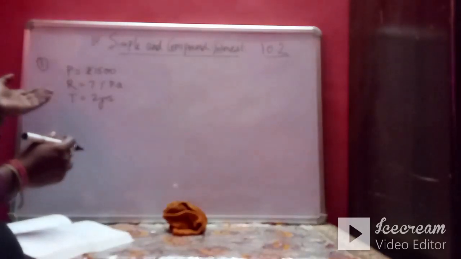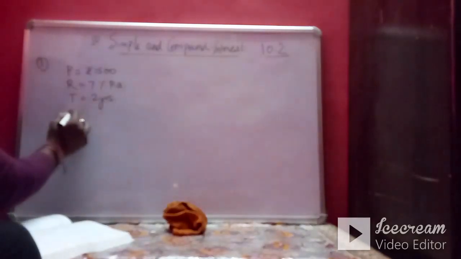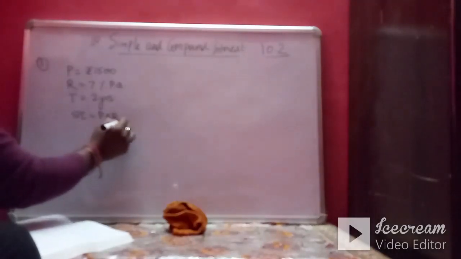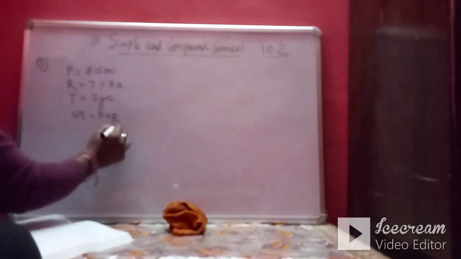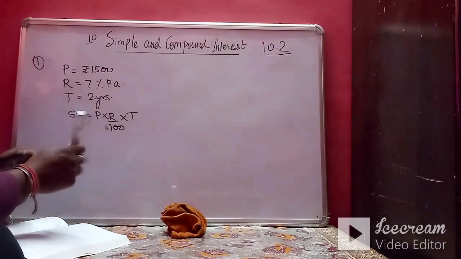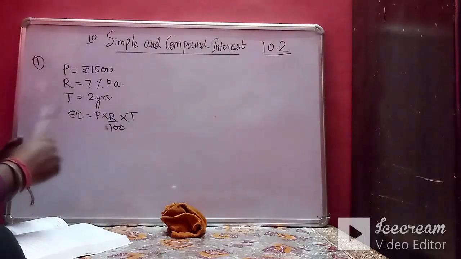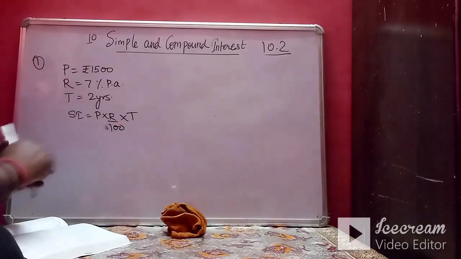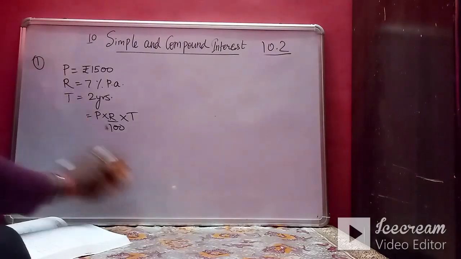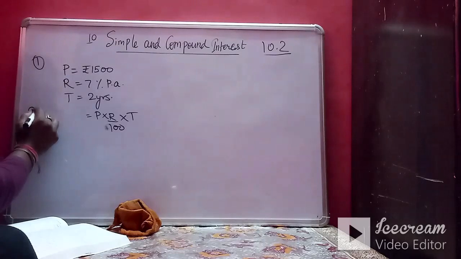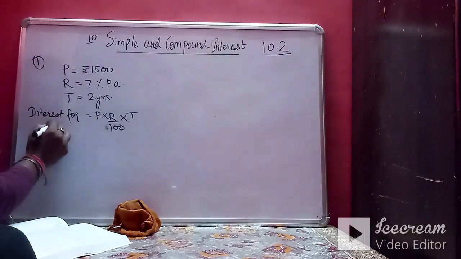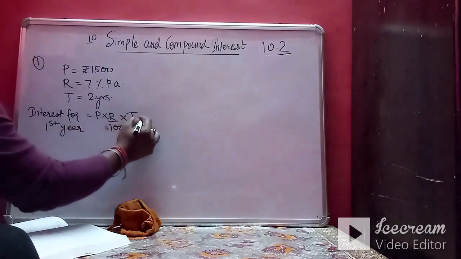Generally in the previous exercise, when we had to calculate the simple interest, we used this formula: SI is equal to P into R upon 100 into T. But now it is compound interest. So what we will do is calculate the interest for the first year.